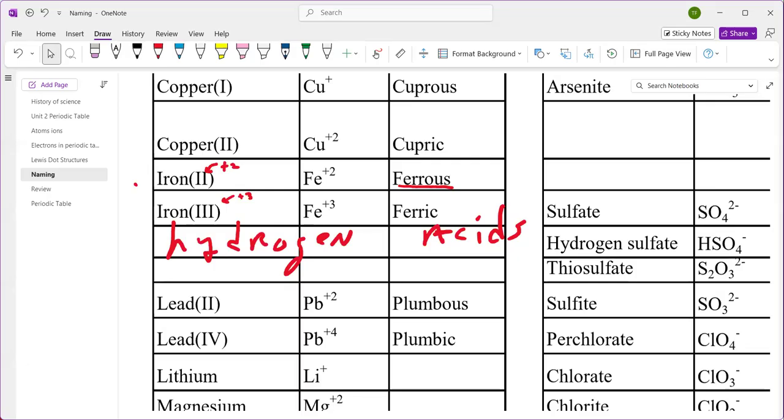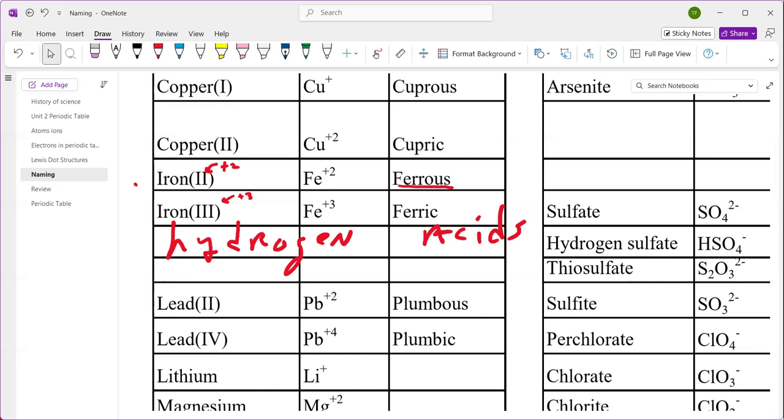Because of that, it's in two forms. It's an anion and a cation both. It's a cation when it's with an acid, which you're going to see when we get into the acids unit. An acid is defined as disassociating an H, and that disassociated H has a positive charge.